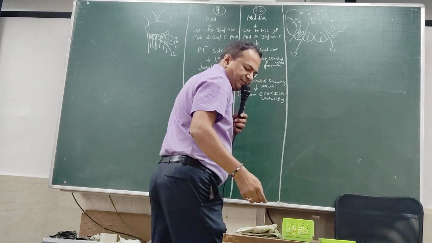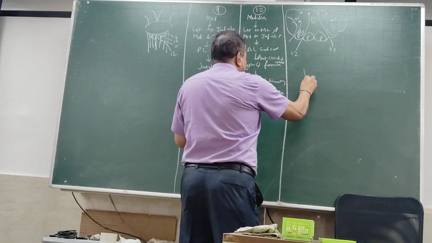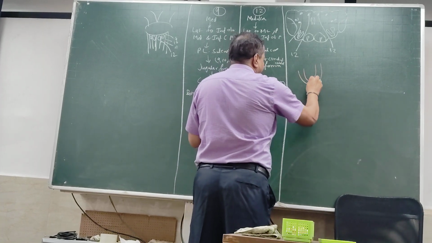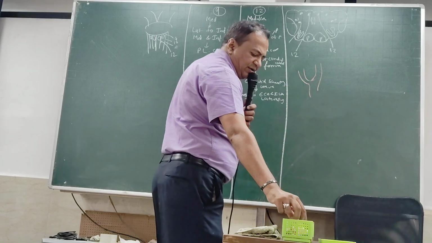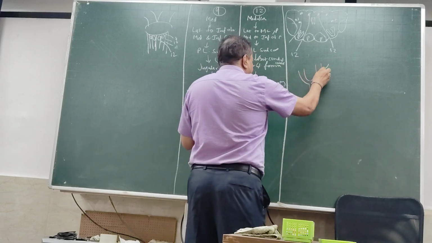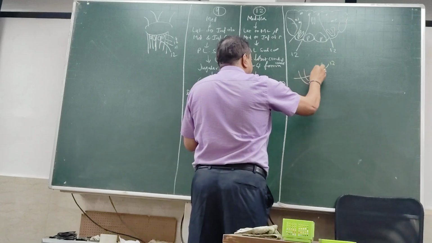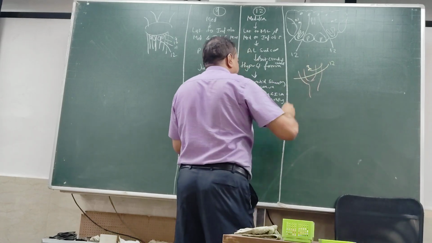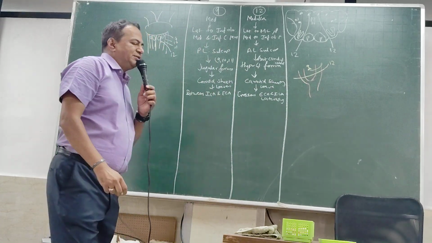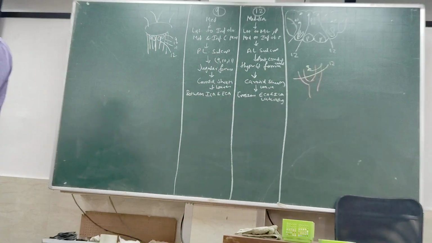Suppose this is the external carotid artery, this is the internal carotid artery. The hypoglossal nerve will cross it like this, the 12th nerve, while the 9th nerve will pass between them. Okay?